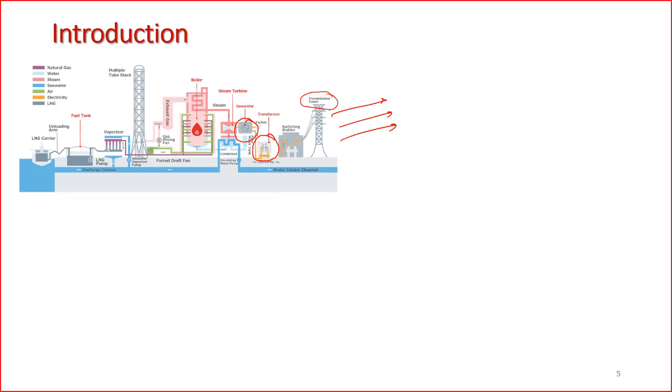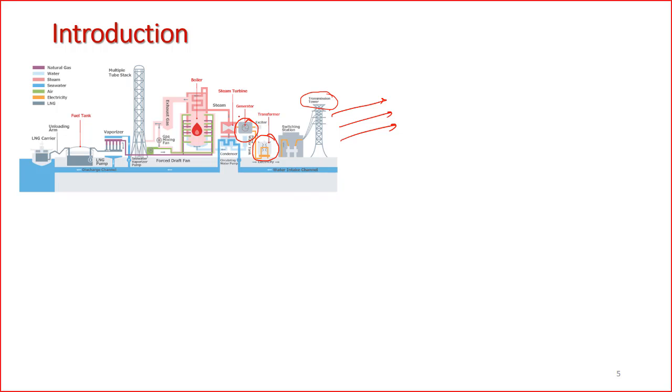In the boiler we burn the gas, the steam is heated and injected at high pressure onto the turbine blades, and the turbine rotates. Here the heat energy is converted to mechanical energy, and this mechanical energy is transmitted to the generator, and the generator produces electrical energy.